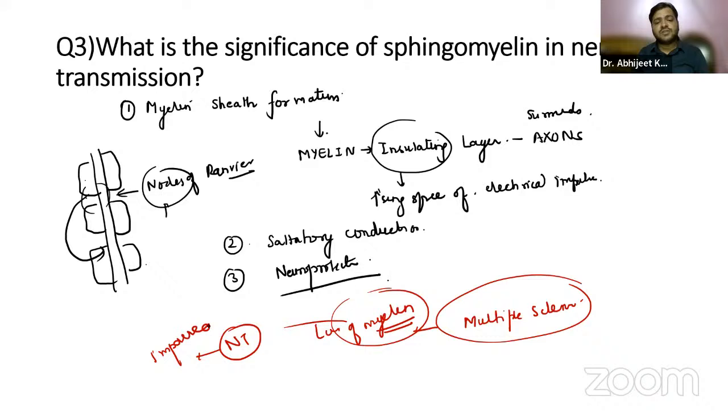Sphingomyelin helps in the formation of myelin. If sphingomyelin is not there, there is no myelin formation, no nerve transmission, and the person will suffer from multiple sclerosis. You have to focus on that. So that was regarding the third question: what is the significance of sphingomyelin in nerve transmission?